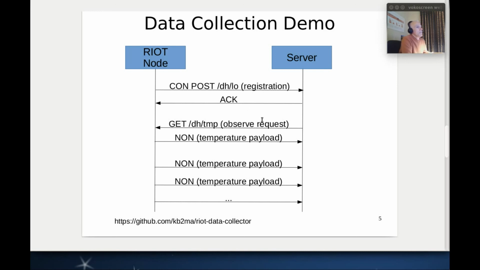Then the server says, oh, I've been expecting to hear from this node, and I want to know about its data readings. So it sends a temp request, an observe request, back to the RIOT node, and that stimulates the RIOT node to immediately send a response with the payload, but then it also periodically sends the payload in further observe notification messages. You can see below a link for this example application.